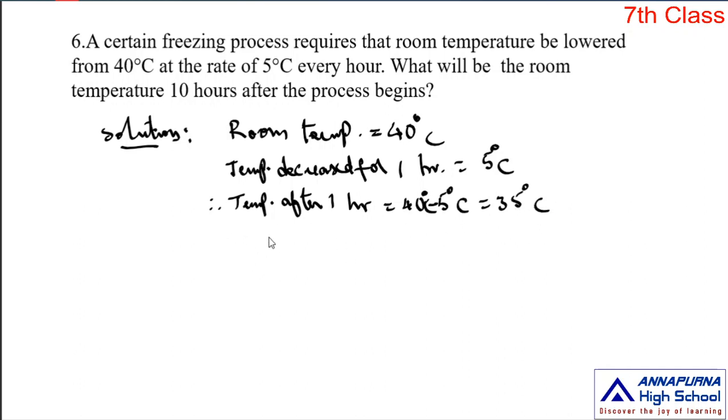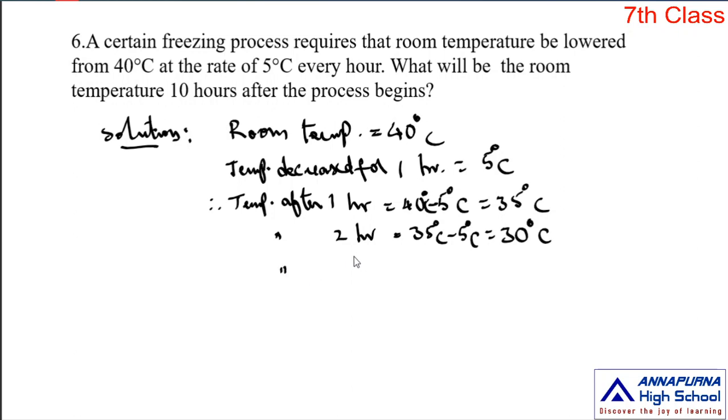Now the same for the temperature after the second hour, 2 hours. After the first hour it is 35. What is the temperature after 2 hours? Again this 35 is decreased by 5 degrees. Therefore 35 degrees centigrade minus 5 degrees centigrade is equal to 30 degrees centigrade.